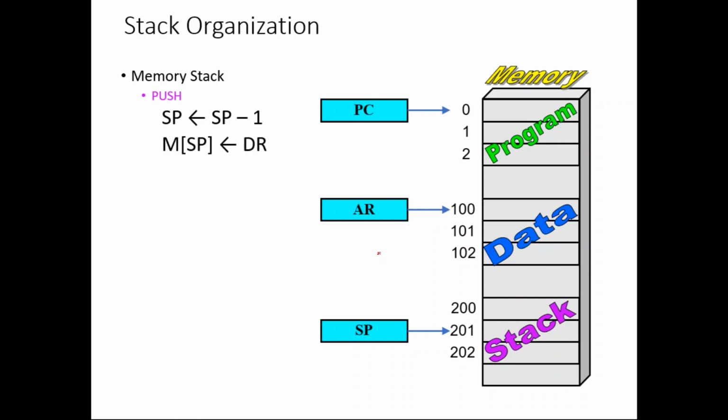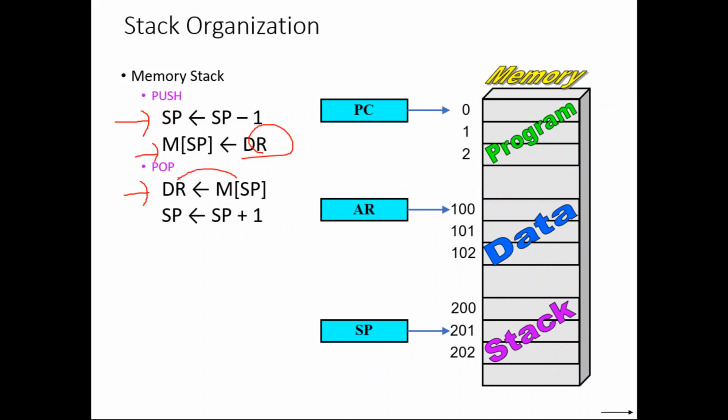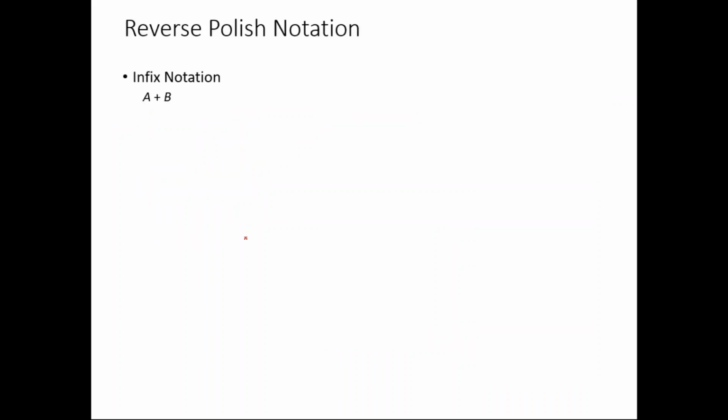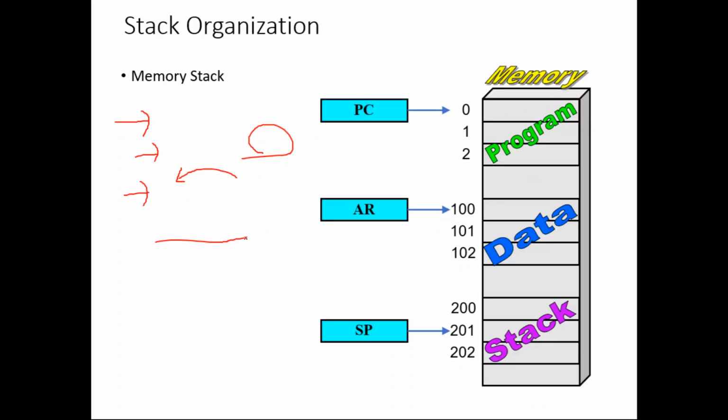So this is the overall logic. For push, decrement SP, and then the memory at the stack pointer will hold the data. For pop, directly move the data from the specific memory location to the register, and then increment SP. Fine, let us stop here. Thank you.